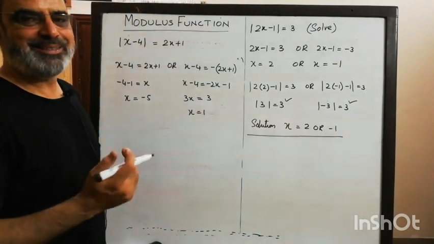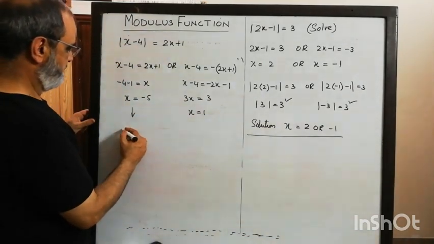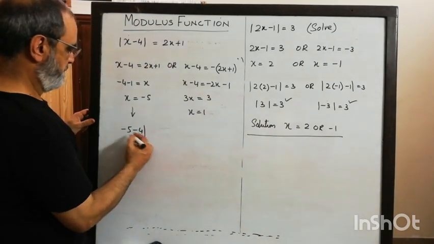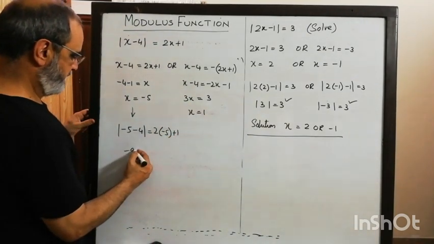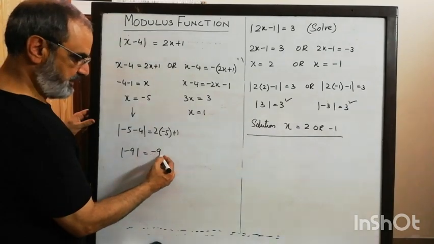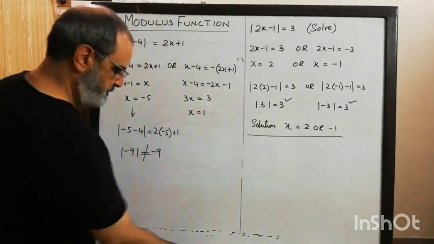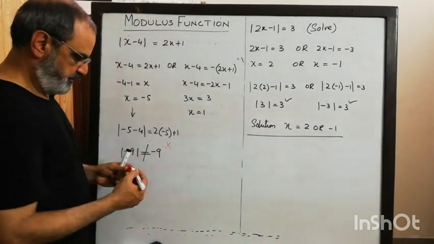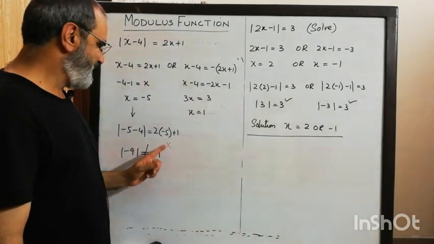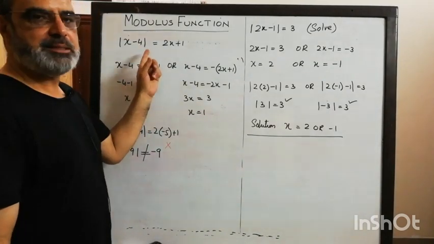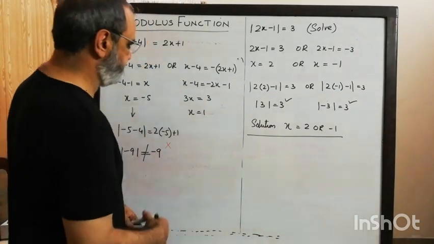Again, we'll check whether they satisfy the original equation or not. Using this value, we'll get minus 5 minus 4, so modulus of minus 9 is equal to minus 9, which is equal to minus 9 plus 1, minus 1. It is not true, because the modulus of a negative number should be a positive number. So this value x is equal to minus 5 does not satisfy our equation, so it is neglected. Let's try another one.